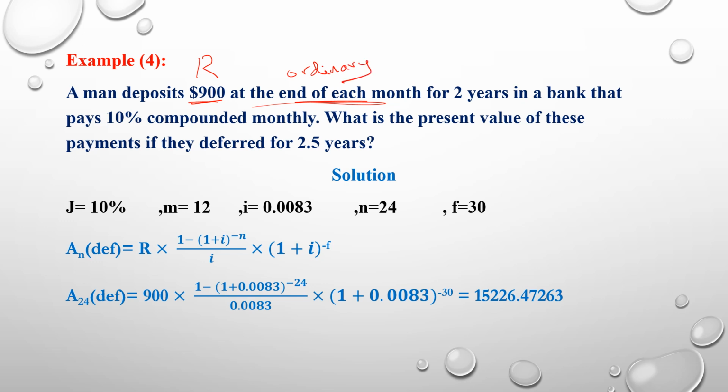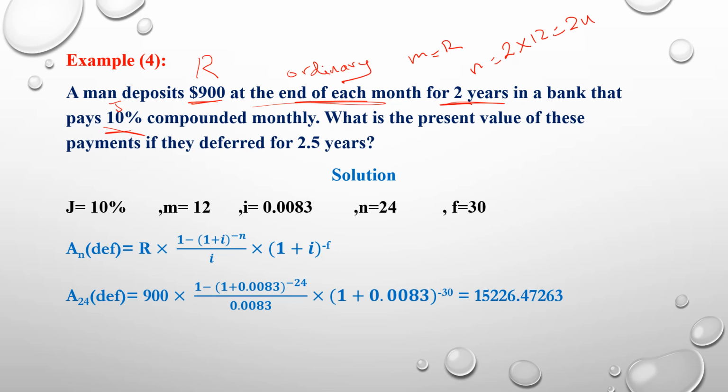And this would be made for 2 years. So m here equals 12 as it's a monthly payment, and for 2 years, n equals 2 times 12, which equals 24. So we have 24 payments, and the bank is paying 10% compounded monthly. So this is j, and i equals j over m.